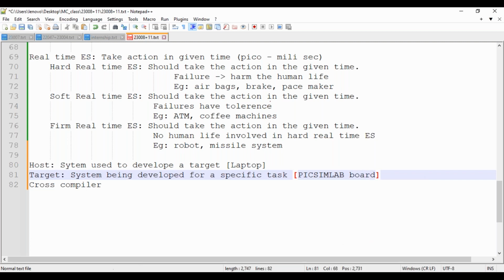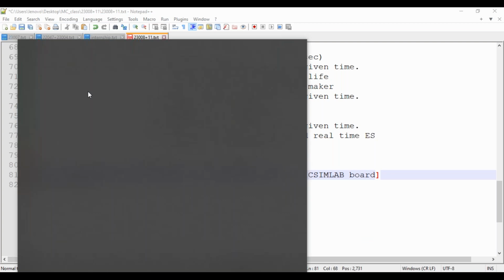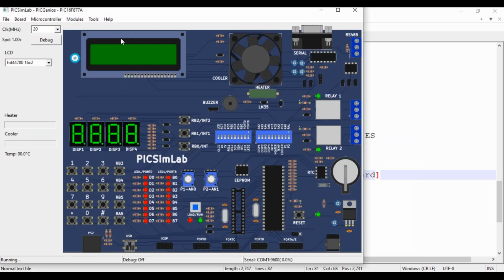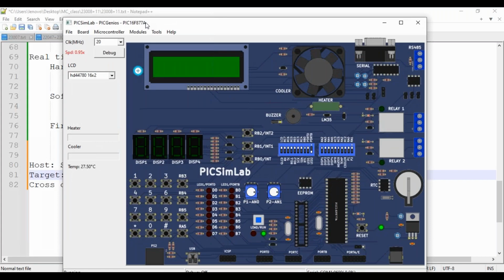If you are new to it, let me show it again. This is your PICSIM lab board. This is the board we are going to use to program any of the embedded systems further.